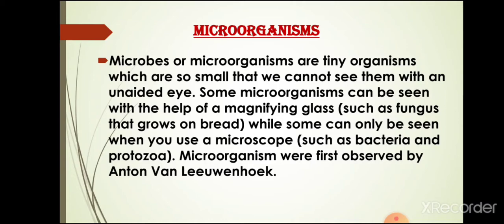In 1677 Anton van Leeuwenhoek was looking at a drop of pond water under a microscope. He found tiny living things moving about in the water and he called them tiny organisms or microorganisms. And students, you know, the study of microorganisms is called microbiology.